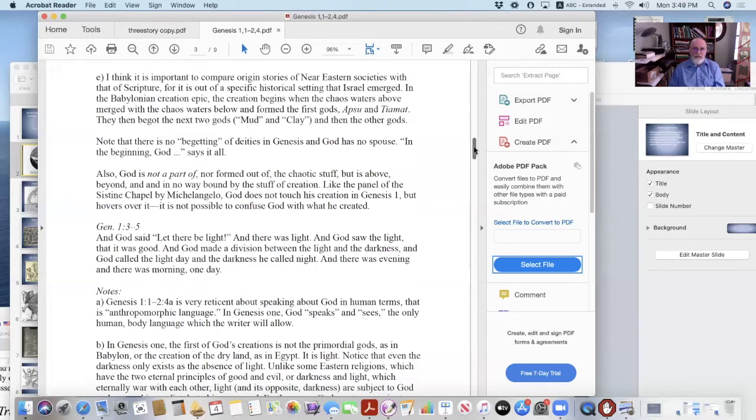One ought not to think that Israel shared our same worldview in matters of science, philosophy, and many other issues. So I think it's helpful for us to compare.